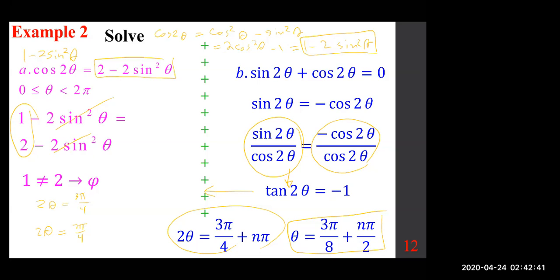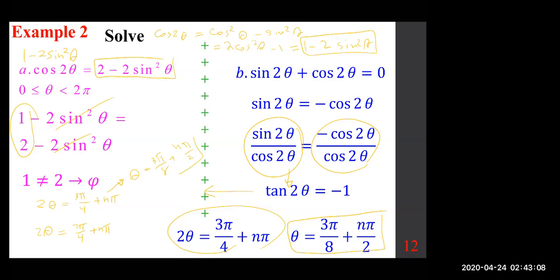Now in order to establish theta, you have to add n pi and then divide by 2. When you divide this one by 2, you get theta is 3 pi over 8, everybody, plus n pi divided by 2.